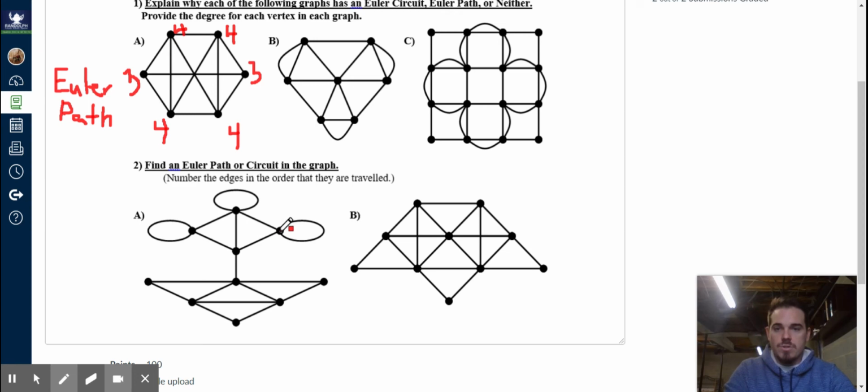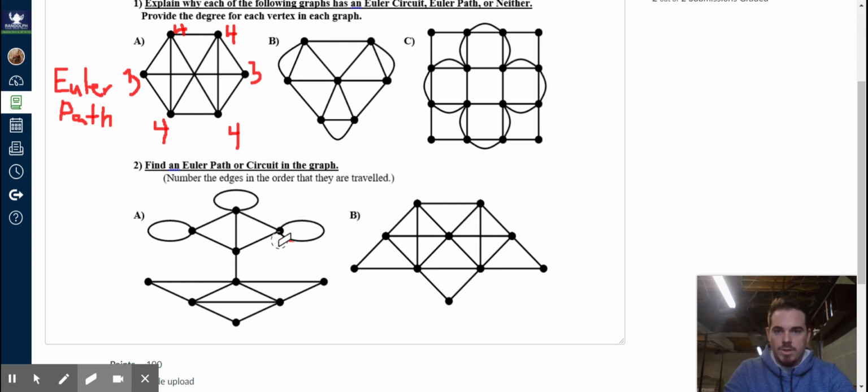So you're going to have to start and go around, and then try to find a Euler path or a Euler circuit. And then you would number it 1 to each edge that you do until you get to that point. And I miscounted here. This is 1, 2, 3, 4. There's your odd one. So that's where you would start up there.